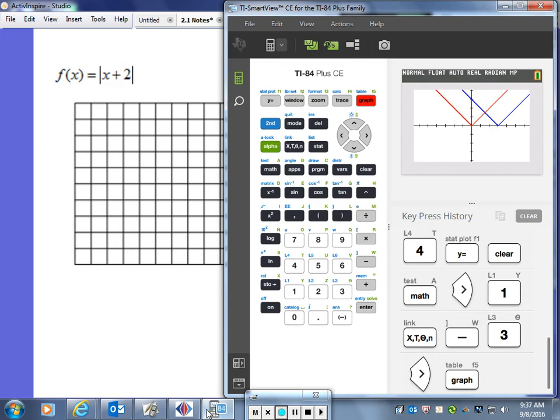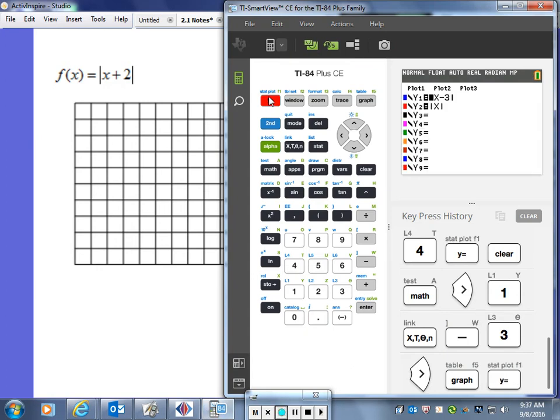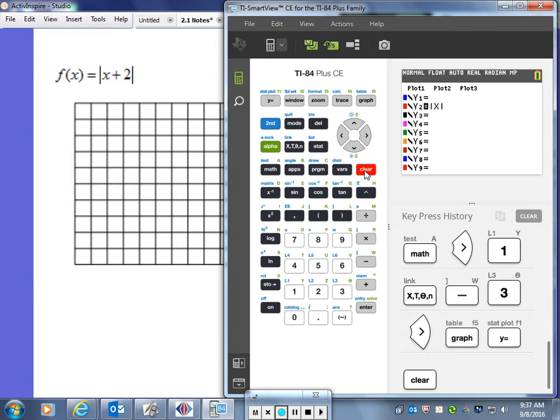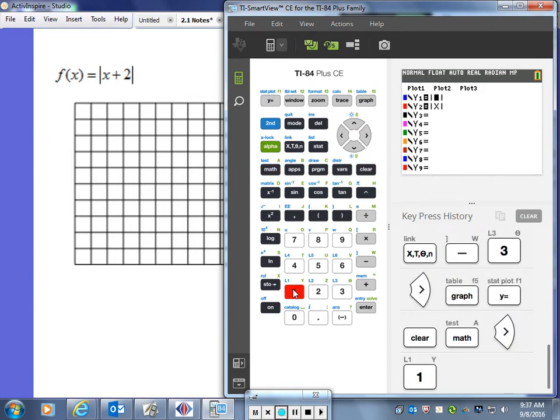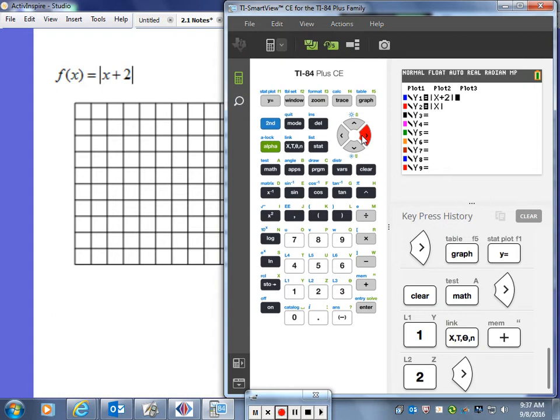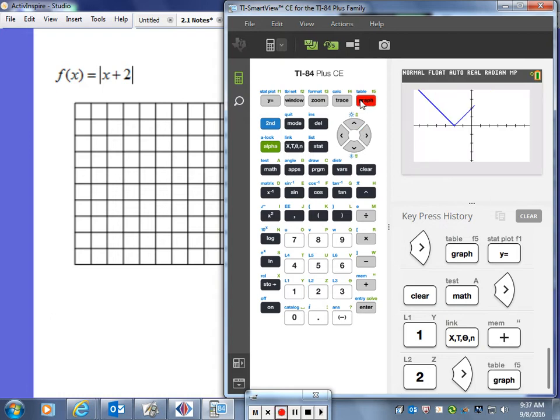Get a calculator and change our first function into absolute bars x plus 2, and let's look what our blue function does now. The blue graph is now moved 2 steps to the left from our red graph of the parent absolute value function. 2 steps to the left.